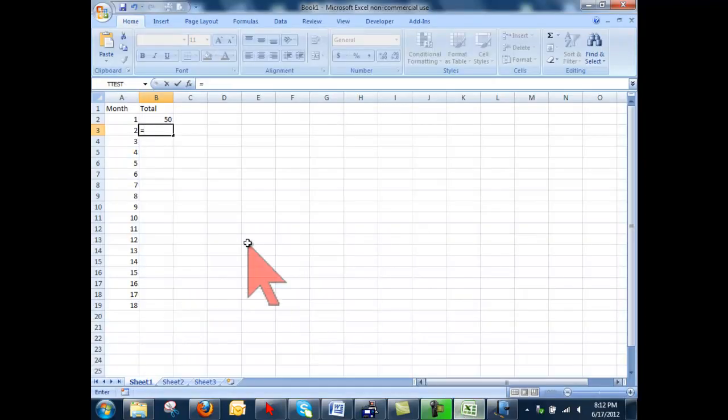In Excel, the previous amount in each month is going to be contained in the cell right above it. So if I click on the cell above, that's referencing the $50, but more importantly, it's referencing the previous month's amount.